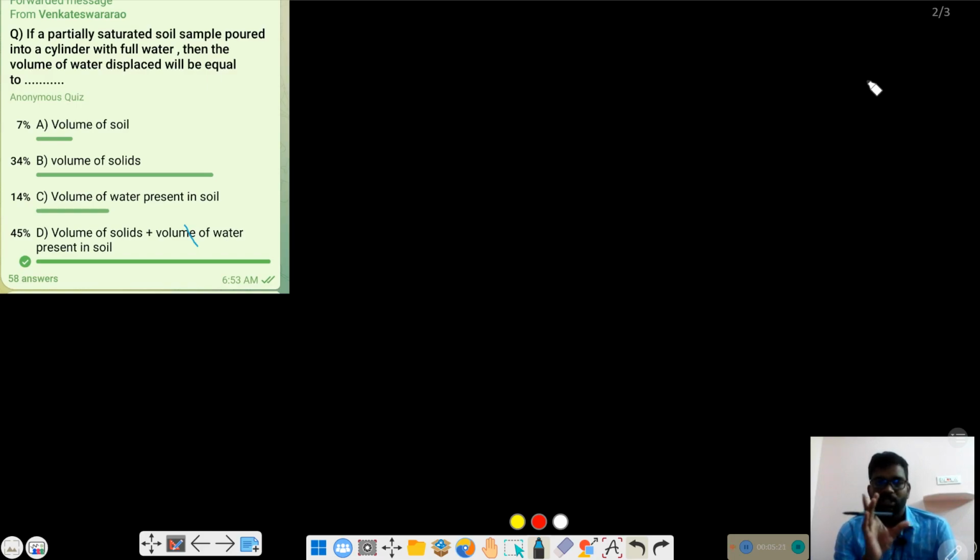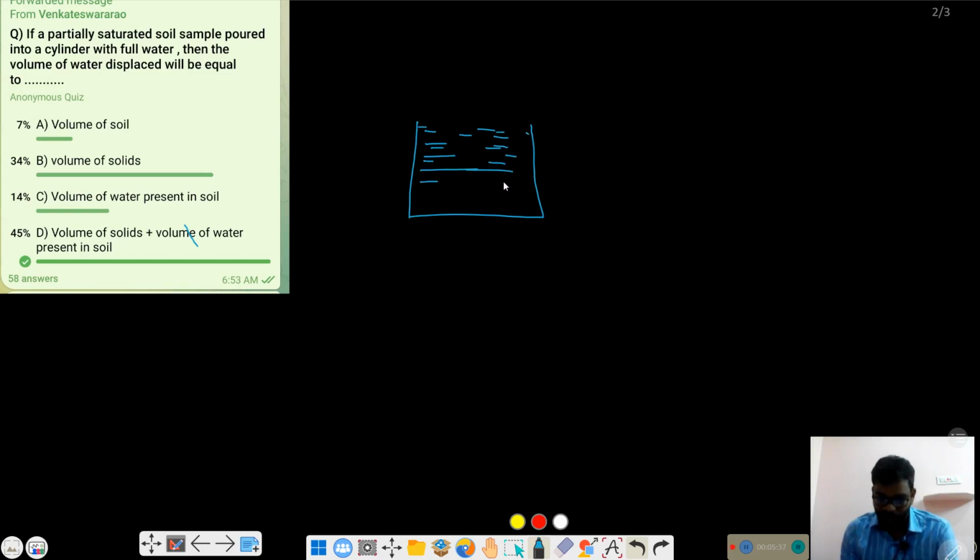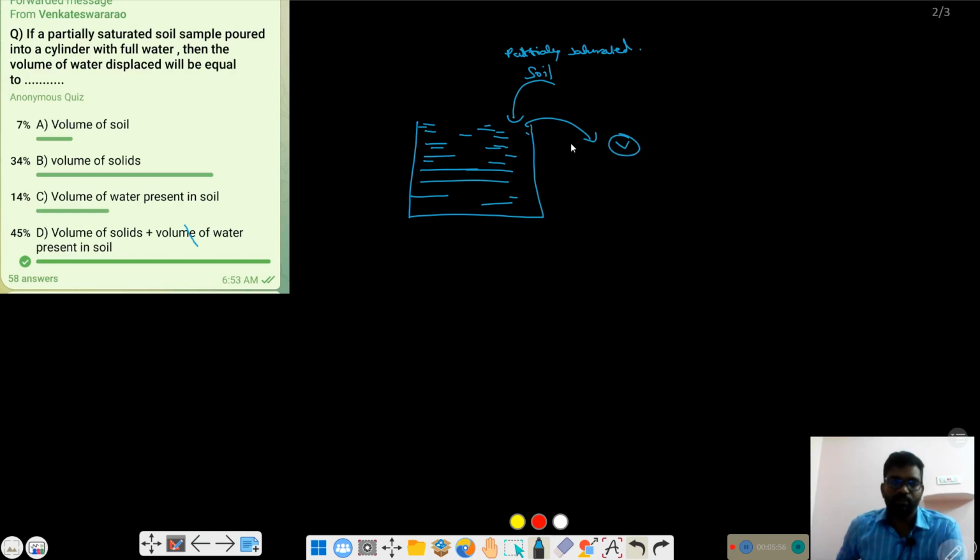So from a partially saturated soil sample, अगर partially saturated soil sample है एक, उसको एक सिलेंडर में डालेंगे, इट्स फुल ऑफ वाटर, देन वॉल्यूम ऑफ वाटर डिस्प्लेस्ड विल बी, दैट इज फॉर सपोज आई हैव ए सिलेंडर and it is full of water, it is completely filled with water. हम क्या करेंगे, अभी एक सॉइल सैंपल लेंगे, इसके अंदर सॉइल डालेंगे which is partially saturated, अब partially saturated सैंपल को अंदर डालेंगे तो some volume of water will be displaced, so this volume of water will be equals to what?